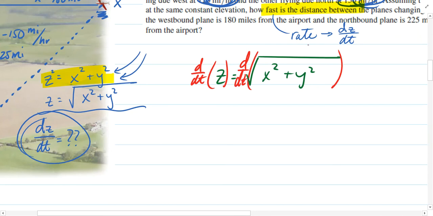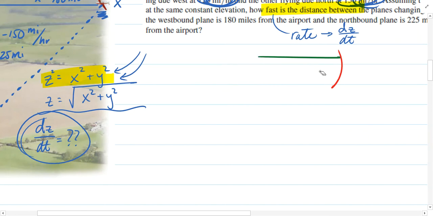Certainly we can do that with the chain rule, but in all honesty it's going to be just a little bit easier if we take a derivative of a group of power problems rather than the derivative of a square root problem, which involves the chain rule.